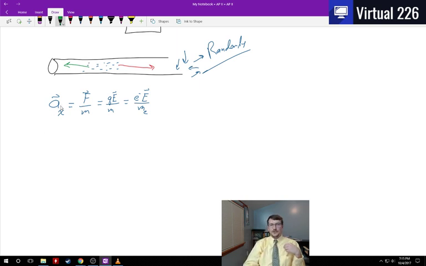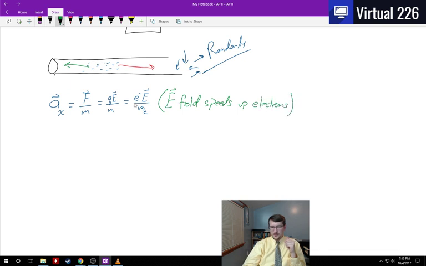So this acceleration here, we can think of it as collisions, but we can also think of it as this electric field speeding it up. Okay? So the best way to think about it is the E field speeds up electrons by this amount.